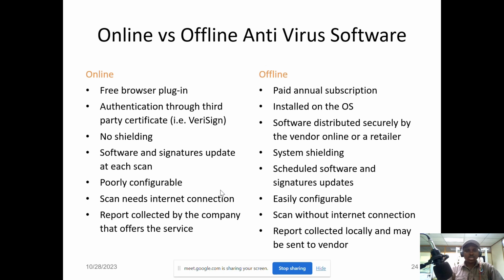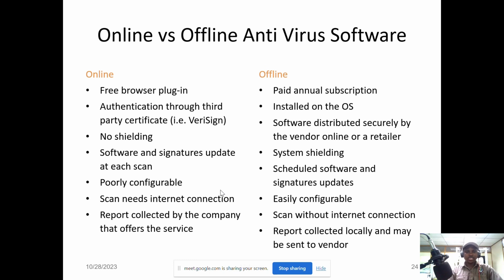Also, there's authentication through third-party certificates. Here there's no shielding, since you are not installing the antivirus on your system, which would be continuously monitoring your machine. So maybe here you are being monitored by the owner of the servers, something like that.